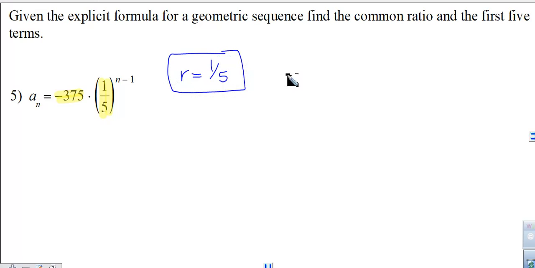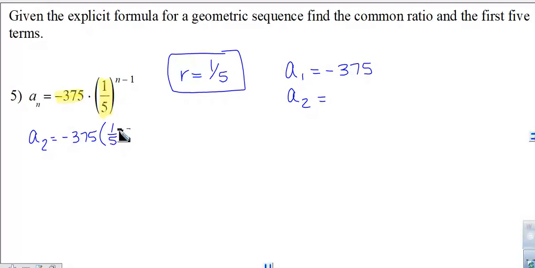As far as the first 5 terms, term number 1 is given, -375. So there's 2 ways that you can go about finding the other 4 terms. You could take the number of the term and you could actually plug it in for every n that you see in the problem. Then you could use your calculator to find out what the answer is.